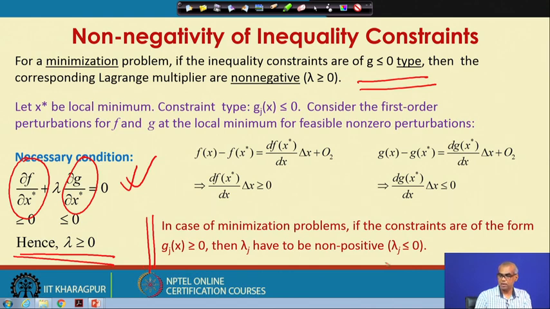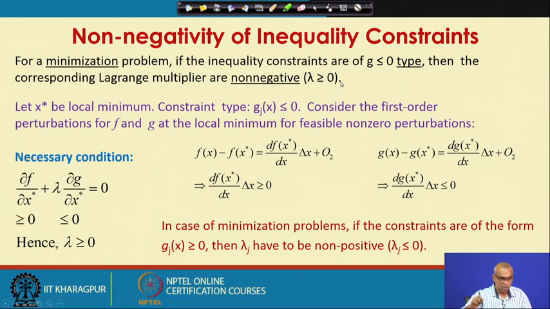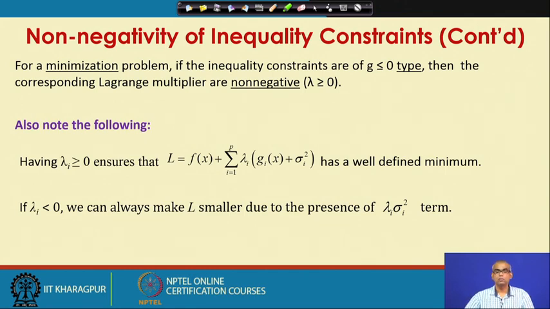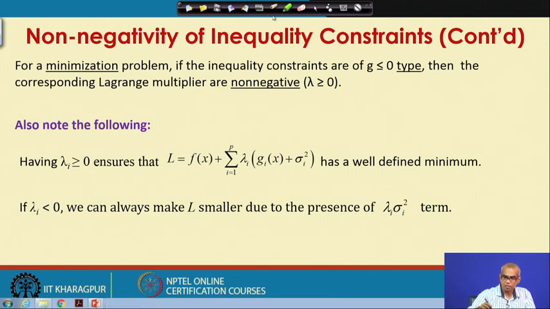That means, the Lagrange multiplier must be less or equal to 0. You can also analyze this as follows. Look at the Lagrangian function.